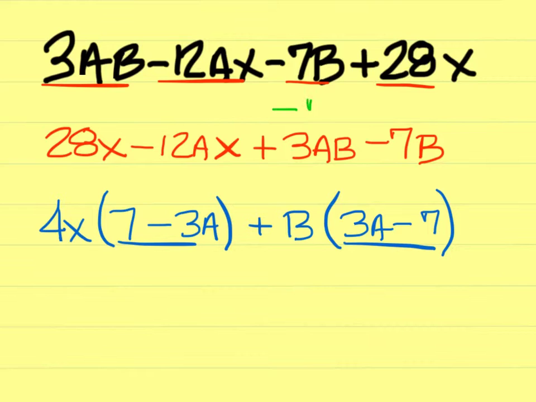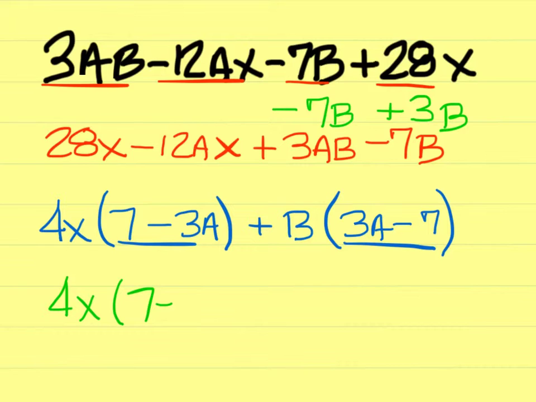Let's try moving this over here and then this over here, which means the front side would stay the same, 4X times the quantity 7 minus 3A, but on the back side you have that negative. Change the sign in the middle to minus.